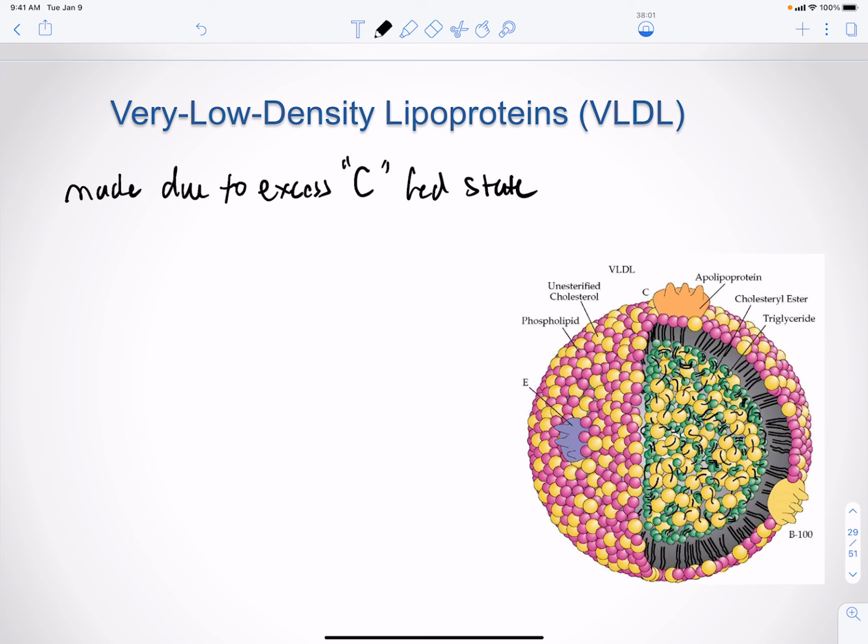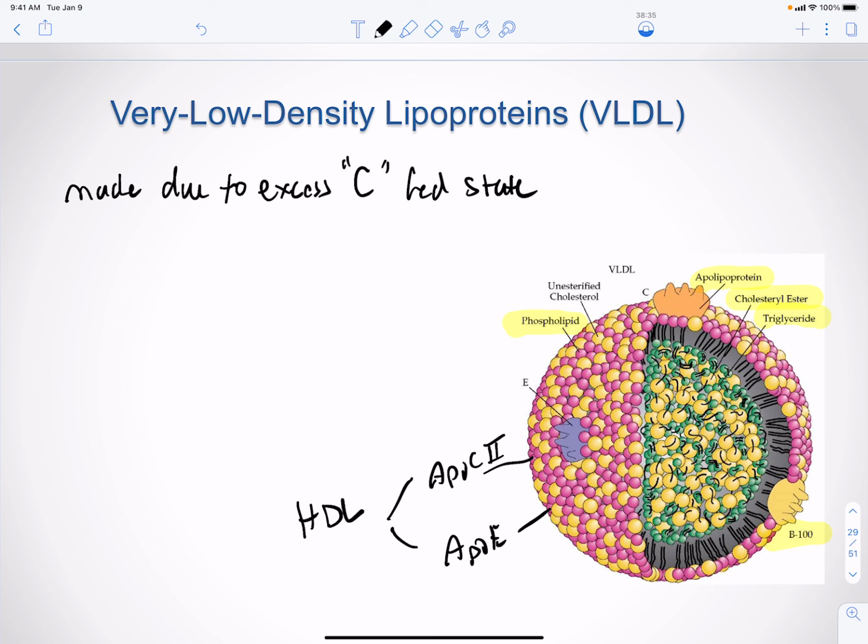In your very low density lipoprotein particles, you're not only going to have your fats, you're also going to have cholesterol esters, different apolipoproteins, phospholipids, and ApoB100 on the surface. You're going to have ApoC2 as well, and ApoE. These, of course, are given to them by HDL particles.